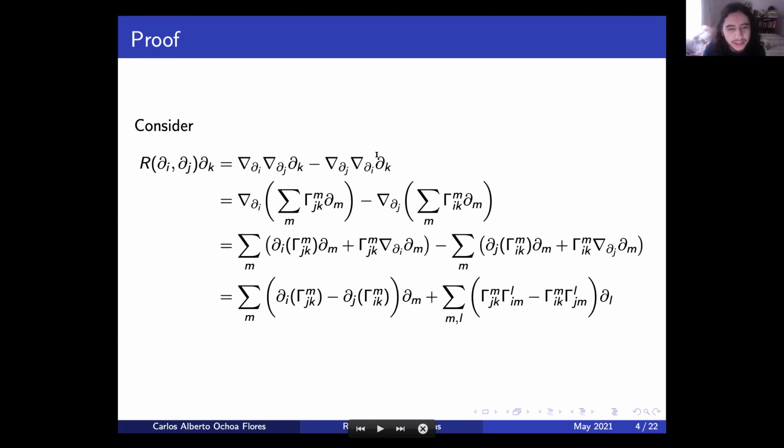Okay, and then one expands what is inside here and here in terms of the Christoffel symbols. Then one uses the Leibniz rule to apply this part to this part and this part to this part. One obtains this. Then I put together what has Christoffel symbols and what doesn't have Christoffel symbols, right?